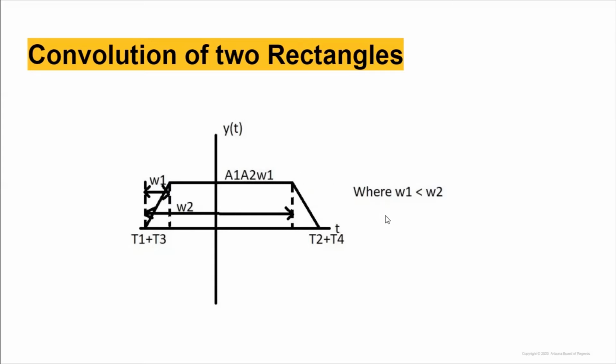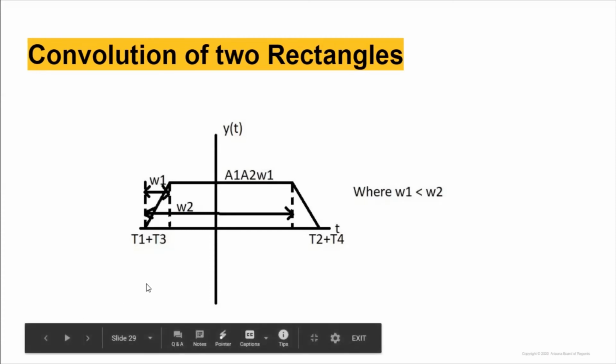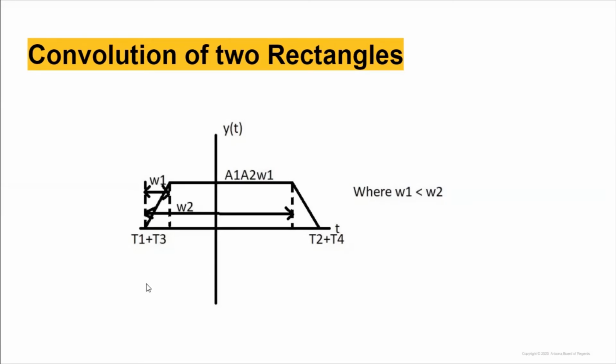Now this is true where the width of 1 is less than the width of 2, and it could be either one, just as long as one of the widths is shorter than the other. But then we're left asking, what happens if the widths are equal to each other? What would you do in that case?